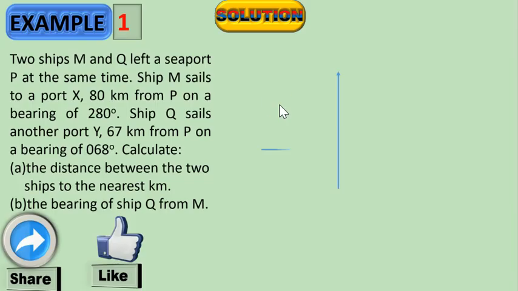Now we have the north-south direction and then the east-west direction. At the intersection is the location of the seaport. The seaport P is at that point. Now the two ships, M and Q, left the port at the same time, sailing in different directions.